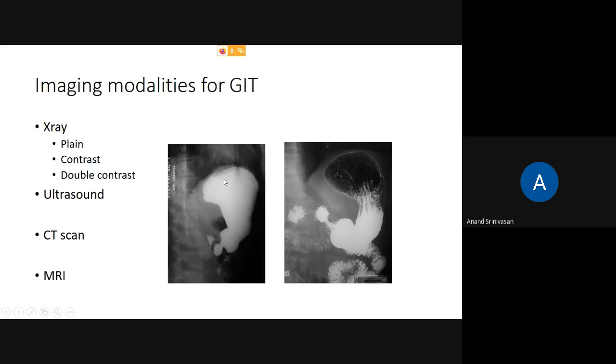It is a contrast X-ray, because here you can see the stomach. It's a right lateral oblique view, a contrast X-ray showing the stomach after a barium meal.